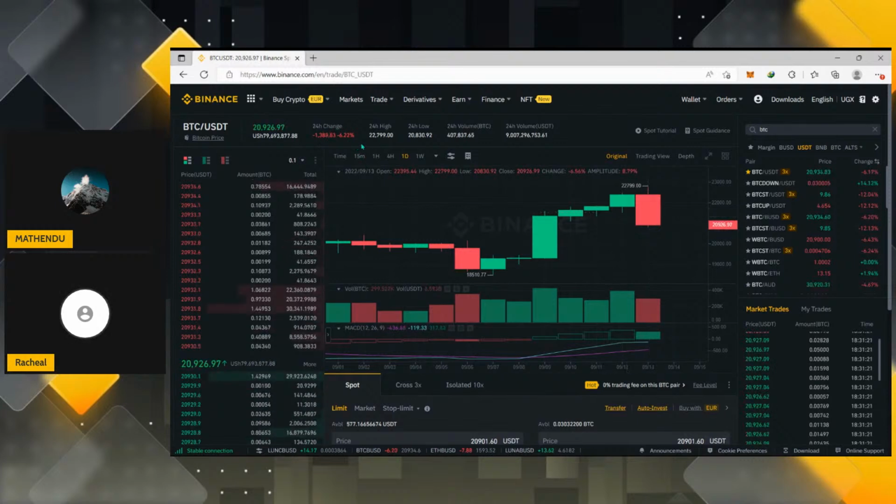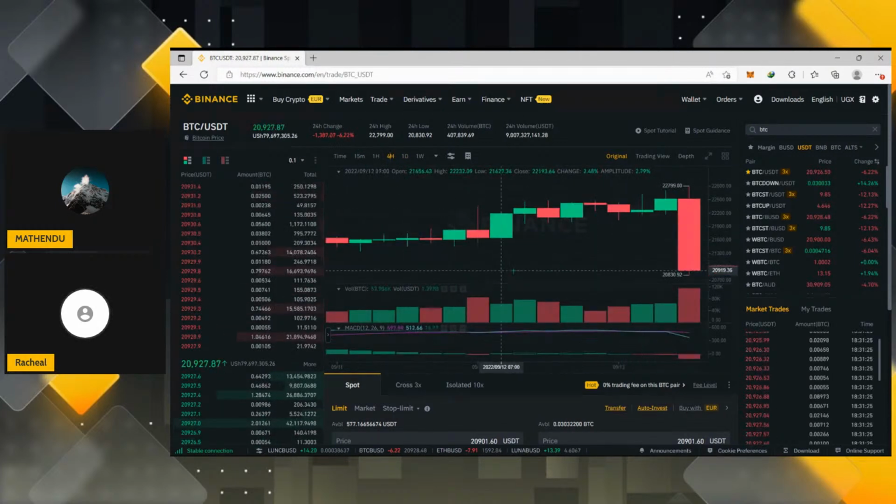If I select 4 hours, that means this last candle is for the last 4 hours, and after 4 hours, a new candle is going to be created.